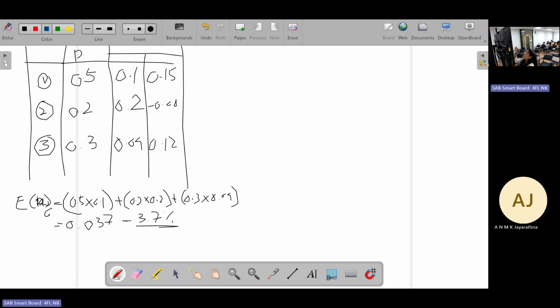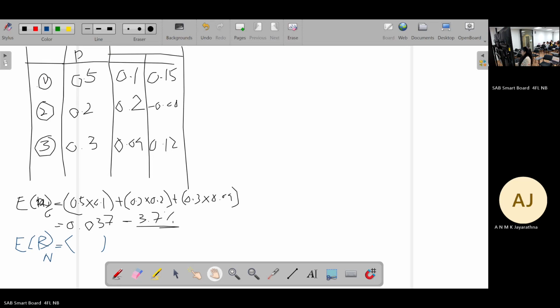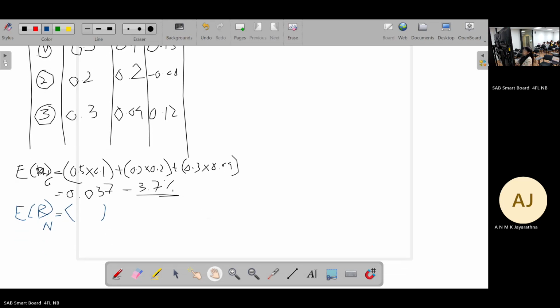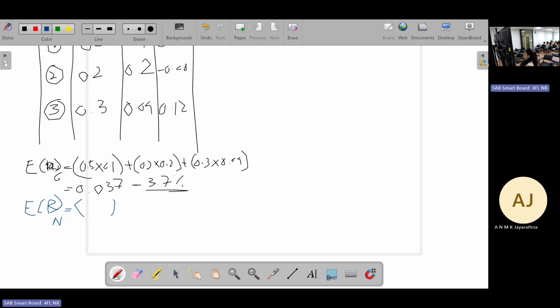So the second one, expected return of the other asset, that is, what is the asset? N. And then again it should be 0.5 multiplied by 0.15 plus 0.2 multiplied by minus 0.08, good, and then plus 0.3 multiplied by 0.12.